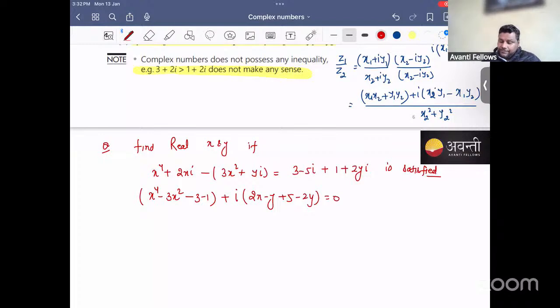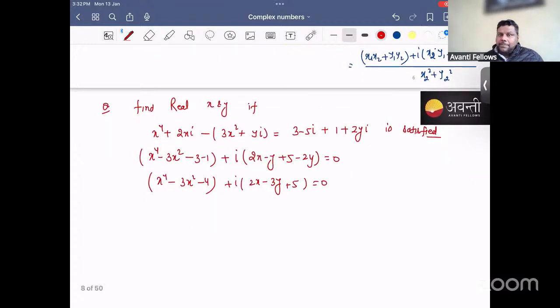So it is x to the power 4 minus 3x square minus 4 plus iota times (2x minus 3y plus 5) equals 0.